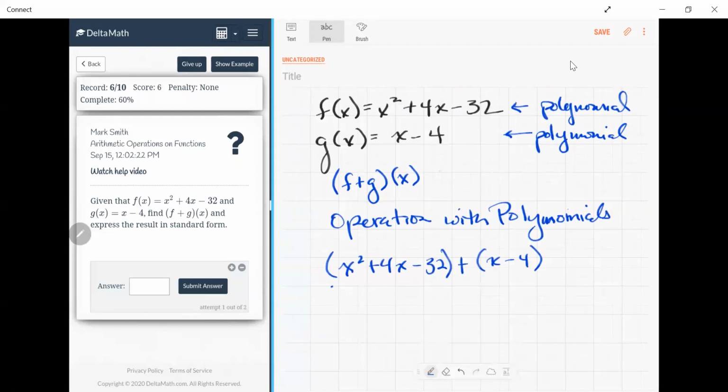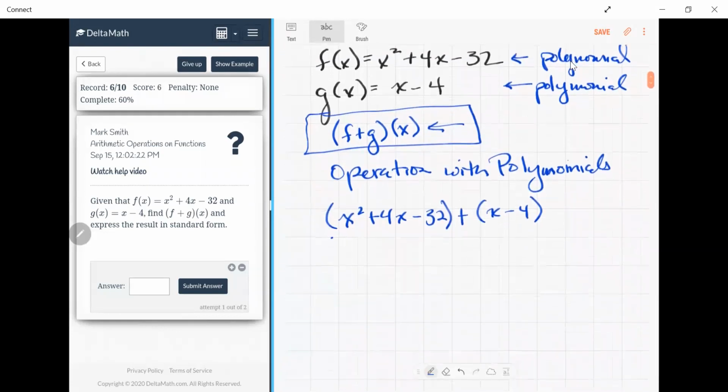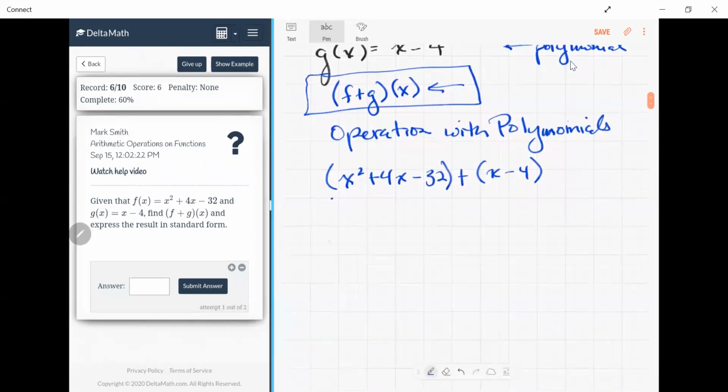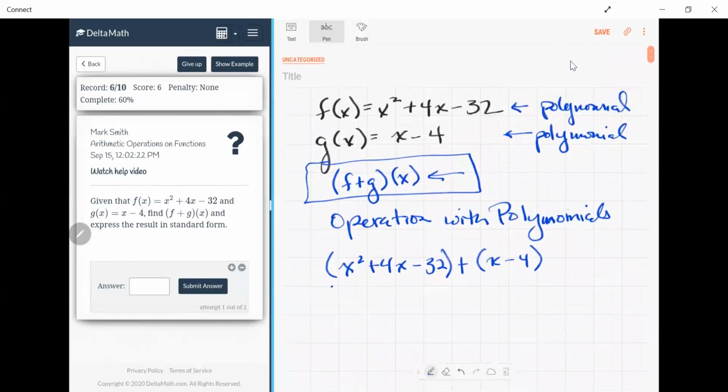All right, so what you really need to know is, what does this mean? Because you already know how to do operations with polynomials. What that means is adding things. So f of x is just a way of identifying the first polynomial, so this is f of x right here. And g of x is the second polynomial, so that's this one right here.